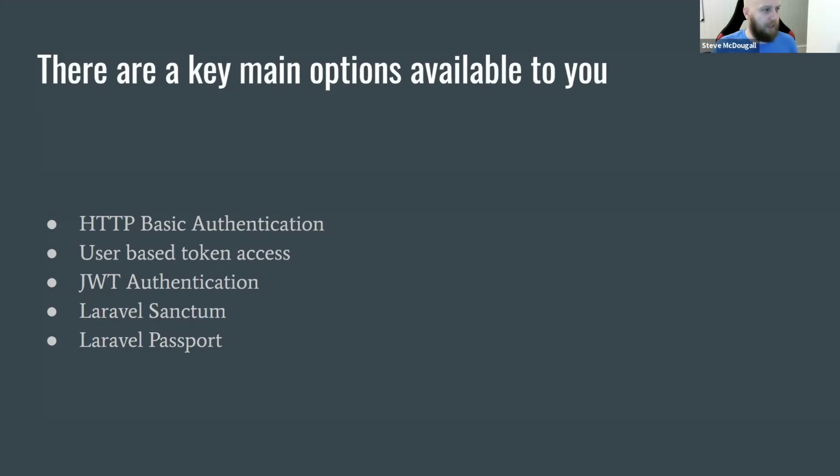Then you've got things like user-based token access. So they send you a request with an email, username, and password. You get that API token and you pass it back, and it's just something stored in the database. Very, very simple. And then you can pass that through an authorization header, a query string parameter, whatever that might need to be.